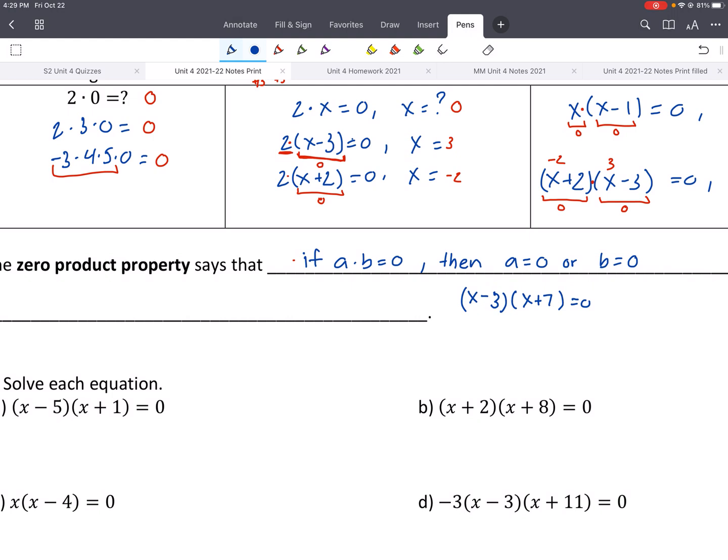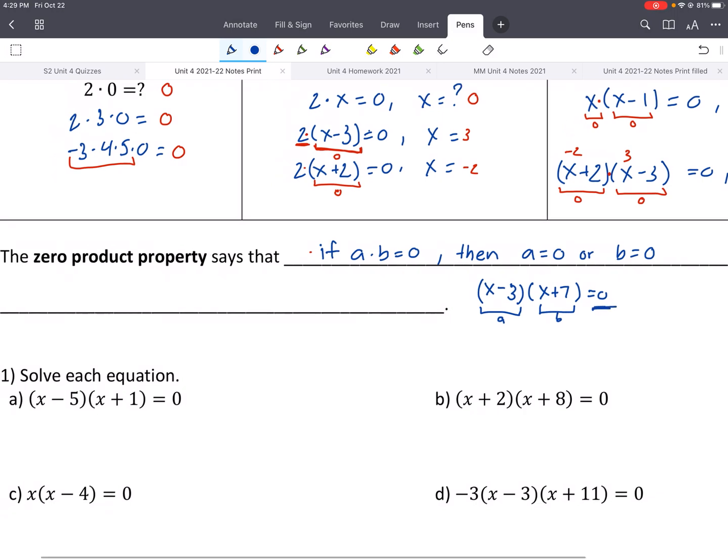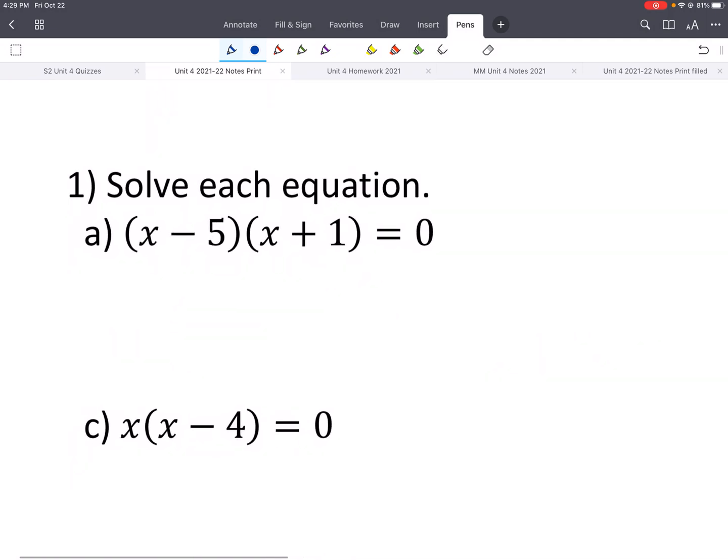And I think that kind of makes sense if you think about that. So either A is 0 or B is 0, or they both could be 0. So basically, this is like an A, and this is like B. So one of those has got to be 0 to make the whole equation be 0.